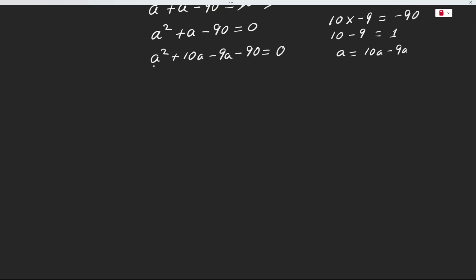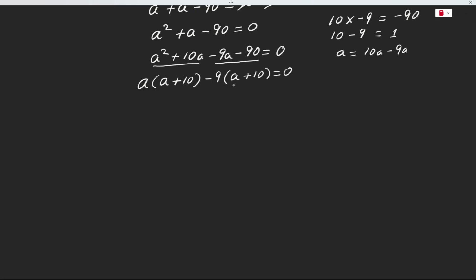Now in these two terms the common factor is a, so taking out the common factor from these two terms we can write this as a times a plus 10. Now in these two terms the common factor is minus 9, so taking out the common factor we can write this as minus 9 times a plus 10 equals 0.